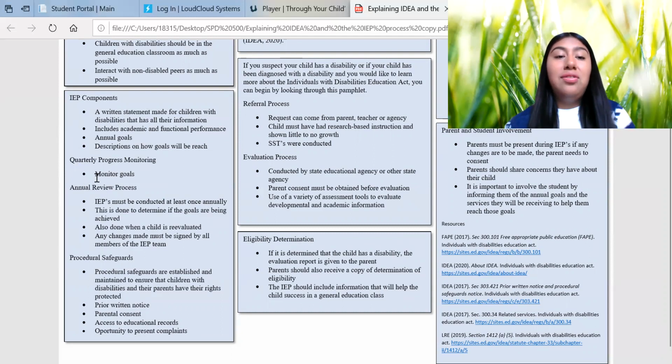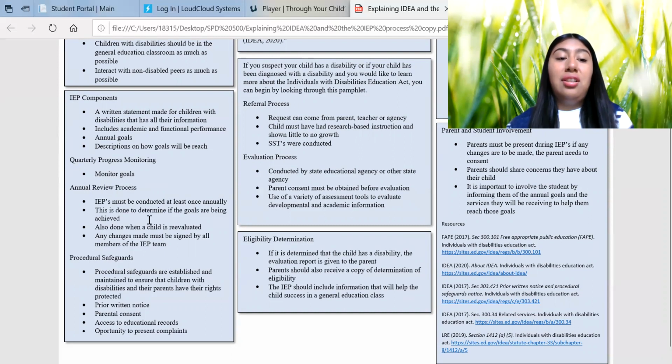And this happens during what is known as an annual review process, which must happen at least once a year. And every member of the IEP team must be present. If it is determined that there needs to be more than one IEP at any given time, it can occur during that same year.